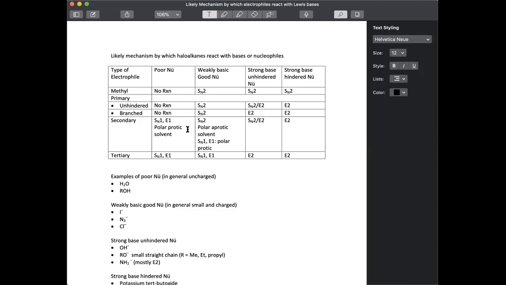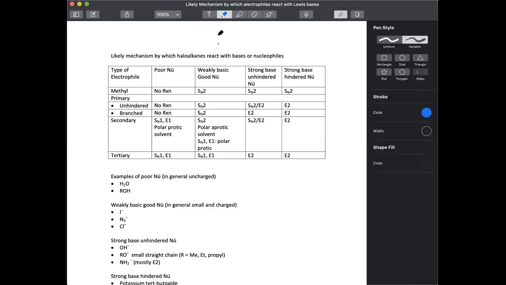Yeah, so we had a secondary, and we had a strong base, relatively unhindered, because it just had a hydrogen and an ethyl. So it's relatively unhindered, because of the ethyl group, but still, let's say it is unhindered.